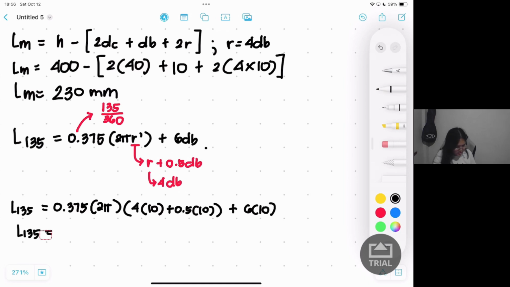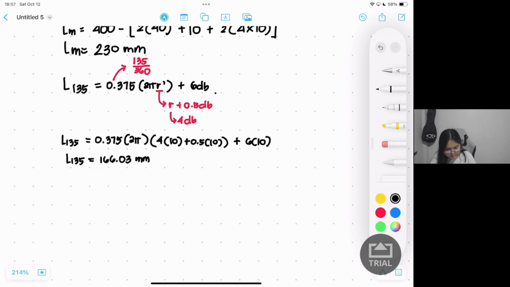Kapag kinalculate nyo yan, again, subukan nyo ding i-calculator yan sa inyo. Ang makukuha nyo ay 166.03 mm. Okay, paki-check guys ha.